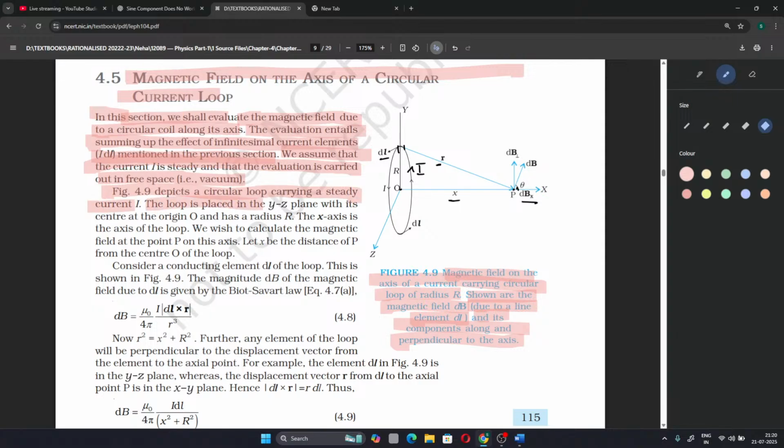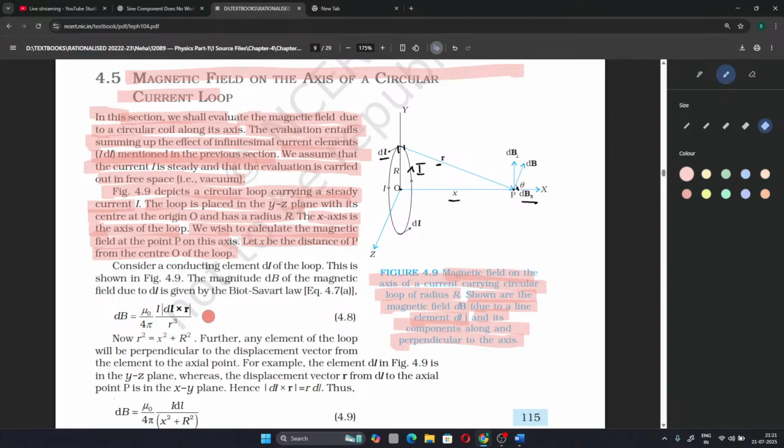The loop is placed in the xy plane with its center at the origin and has a radius r. The x-axis is the axis of the loop. We wish to calculate the magnetic field at the point P on the axis. Let x be the distance of P from the center of the loop. Basically, they're saying whatever I said before, just depicting the figure.